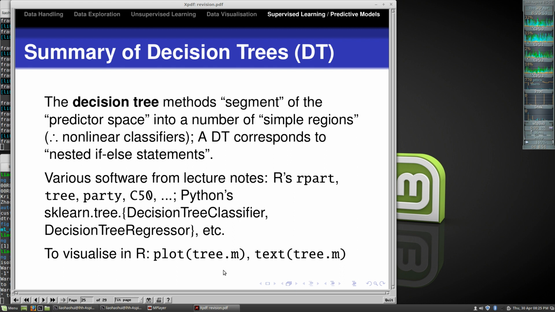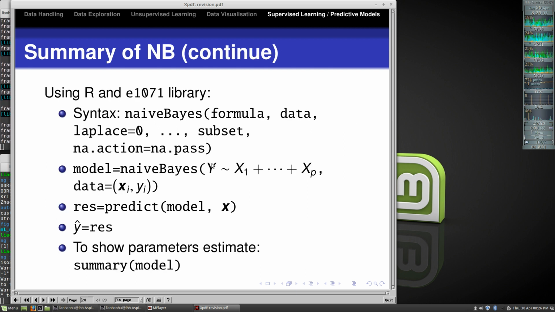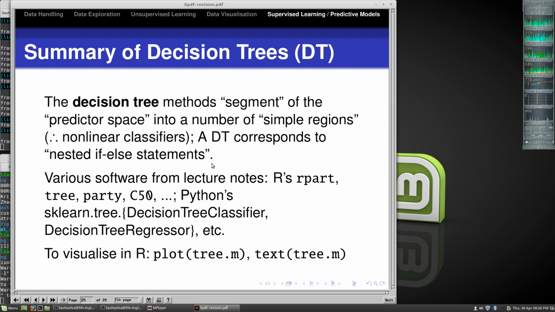So most of the time you will be given the decision tree and then just asked to use the decision tree to perform prediction. Can we do that with naive Bayes? Yes, it's possible that you get all the parameters and then you're asked to use the parameters to actually perform prediction.